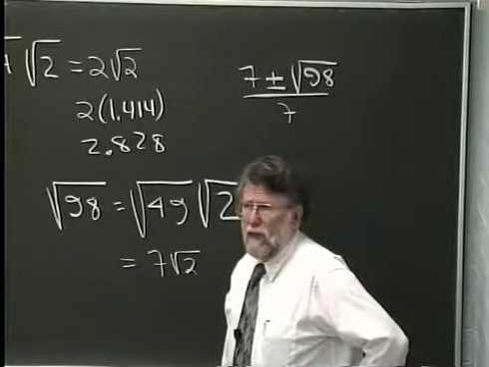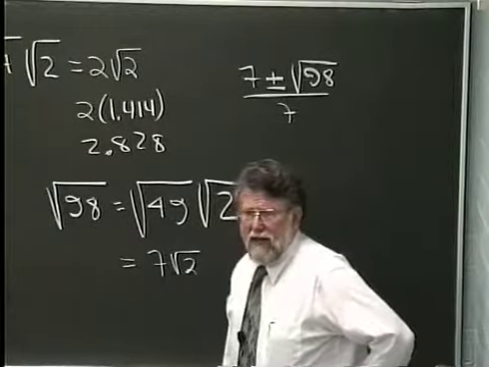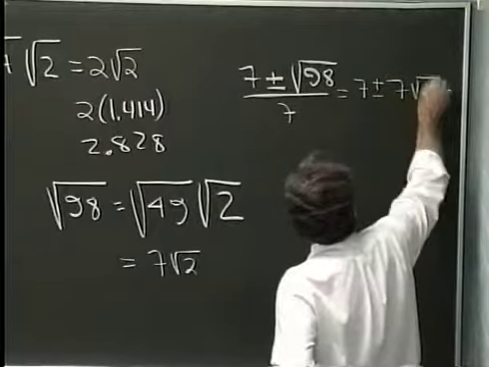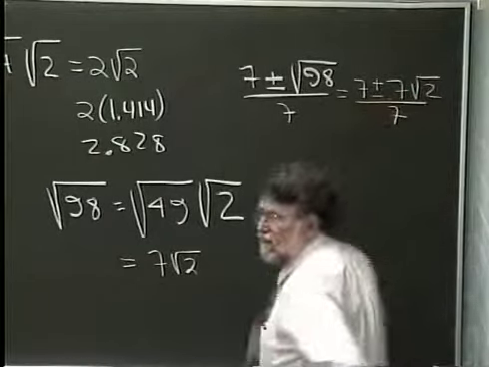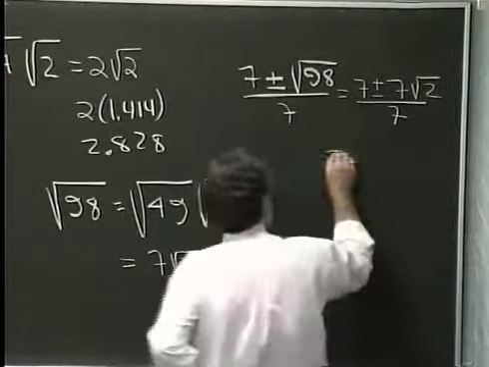Do you see why it would be nice to simplify? Because now you could write this as 7 plus or minus 7 the square root of 2, all over 7, and that allows you to simplify rather nicely into 1 plus or minus the square root of 2.